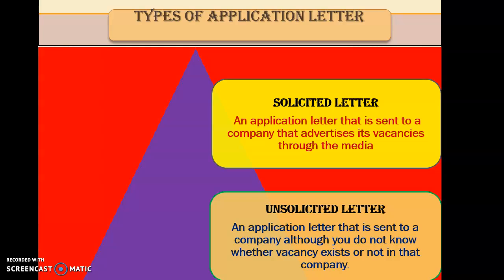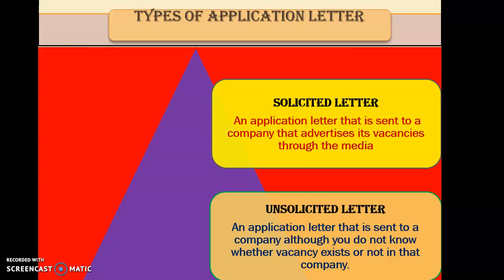Now, the types of job application letter. They are divided into two parts. Solicited letter, which is an application letter that is sent to a company that advertises its vacancies through media.